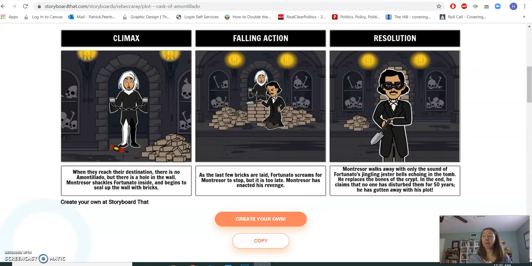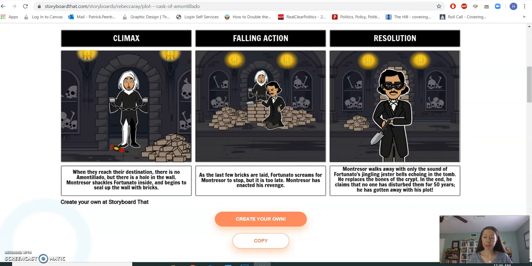So it's possible that Fortunato just made an offhanded joke that embarrassed Montresor, and that's all he did. We do know that Fortunato willingly follows Montresor down into the catacombs. So he doesn't know that he's done anything that would upset Montresor, right? So whatever it is, it's probably not worth this kind of reaction, and that's important to note here.